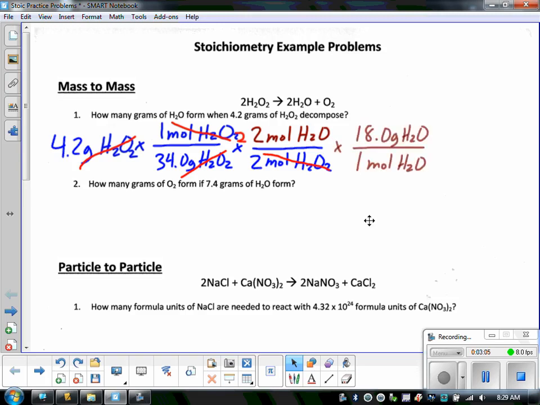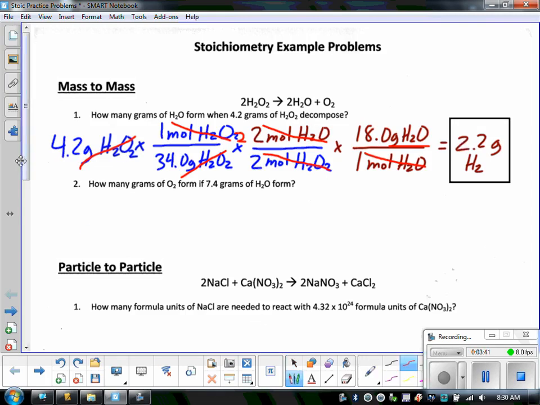For every mole of water, the molar mass of water is 18.0, again rounded to 1 decimal place. Looking at units, moles of water cancels out with moles of water, leaving us in the units of grams of water, which is what we're looking for. If you do 4.2 divided by 34 times 2 divided by 2 and then multiplied by 18, it'll get you a number.